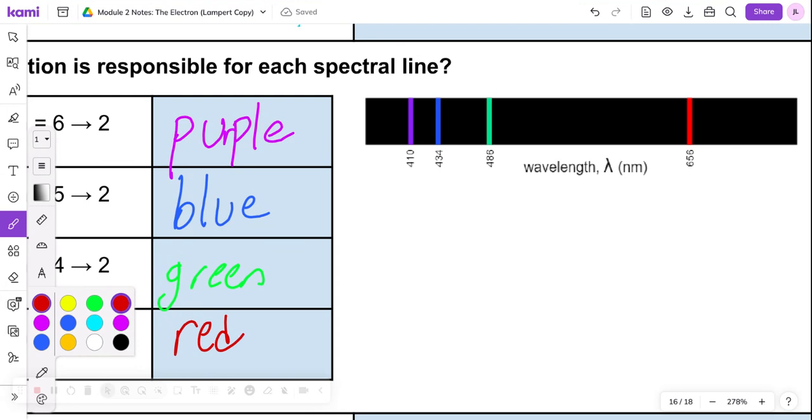All right, now that we've gone over how to assign each color to a transition, what I want you all to do is try and finish those sentences on your paper notes. Try and explain: why is the 6 to 2 purple? Why is the 3 to 2 red? Go ahead and try that out.